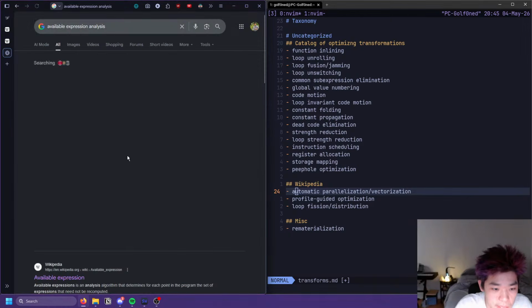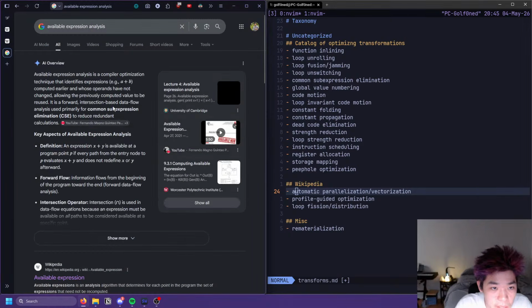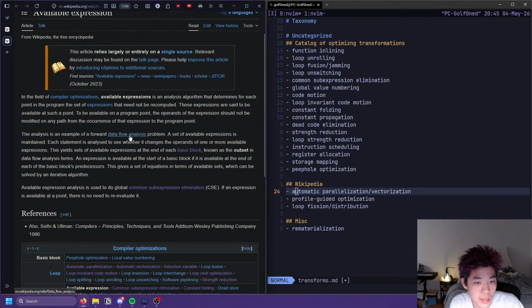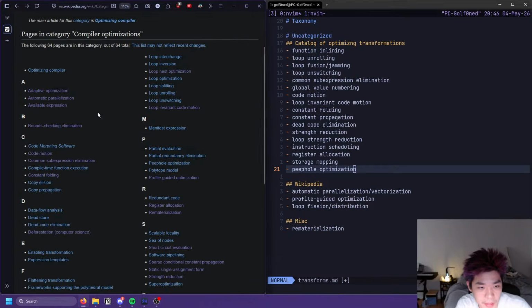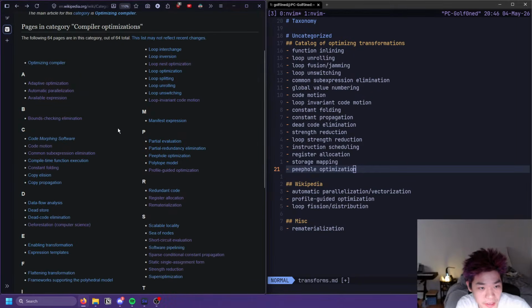What is this? Okay, so it is like data flow analysis, I guess. Okay, so I'm not gonna put this in the category.